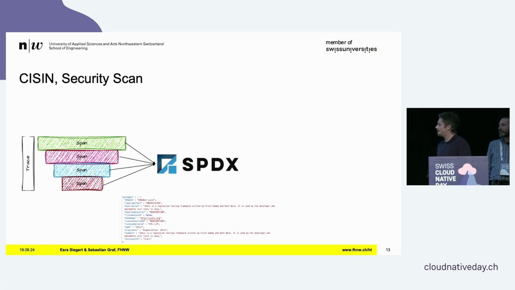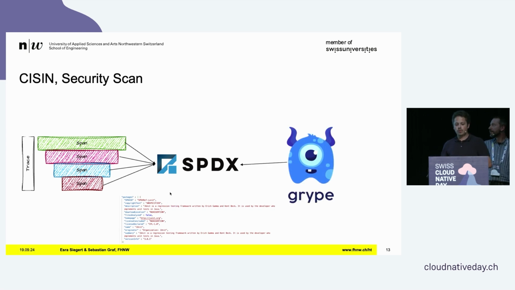So we can get that SBOM, as you can see here, a small example for, I think it's JUnit in this case, this dependency, but it doesn't matter. And we can take this SBOM and scan, for example, with Grype. We can loop over the SBOMs and get the vulnerabilities out of that trace.